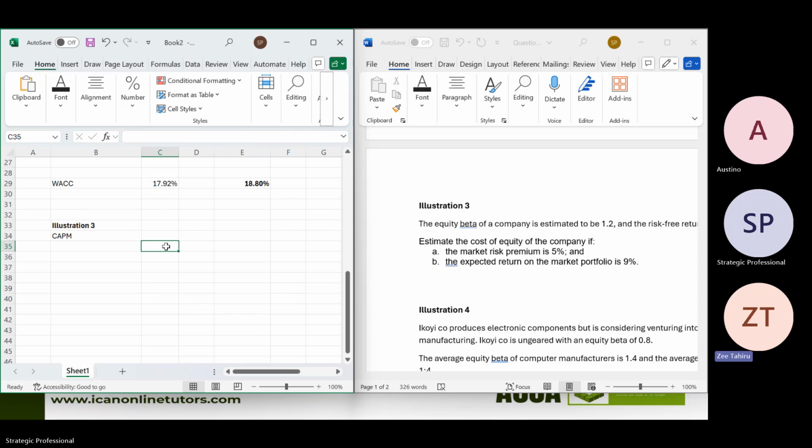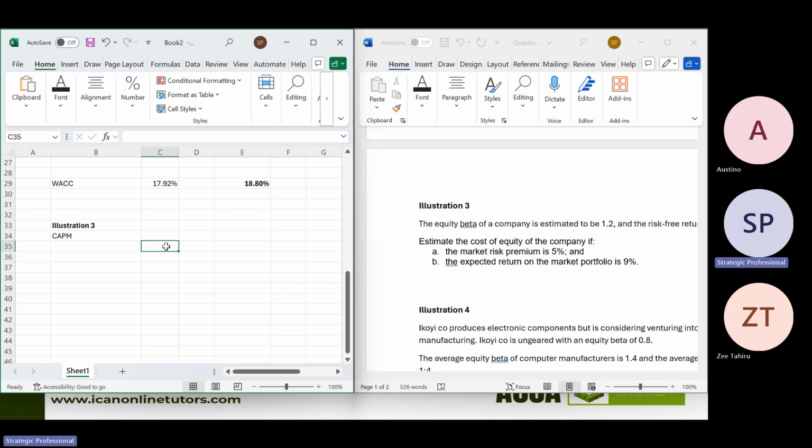RF, that's risk-free, plus beta, bracket, market premium. No, expected market returns minus risk free. Yeah.